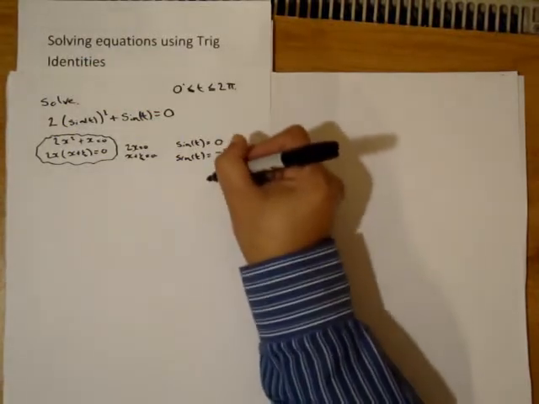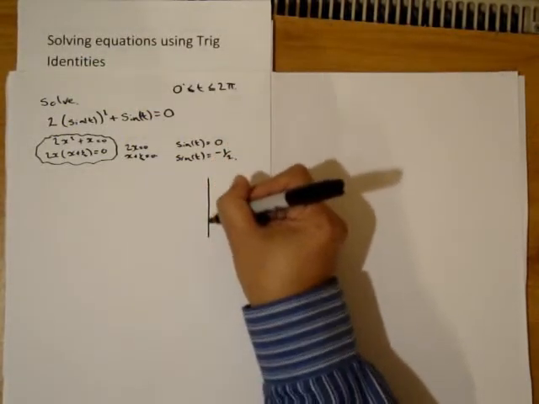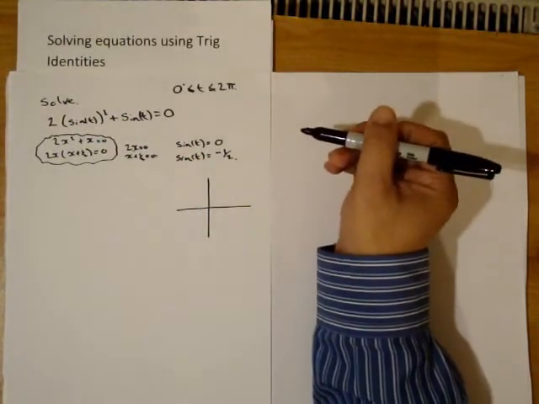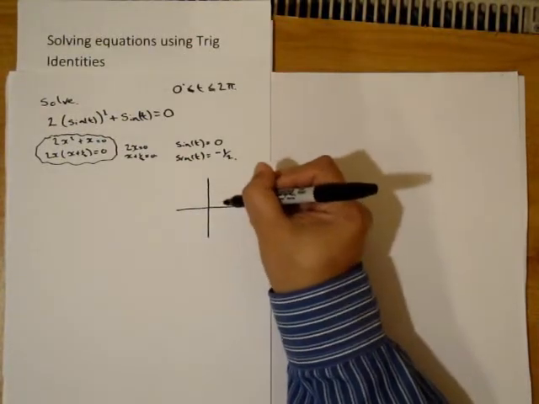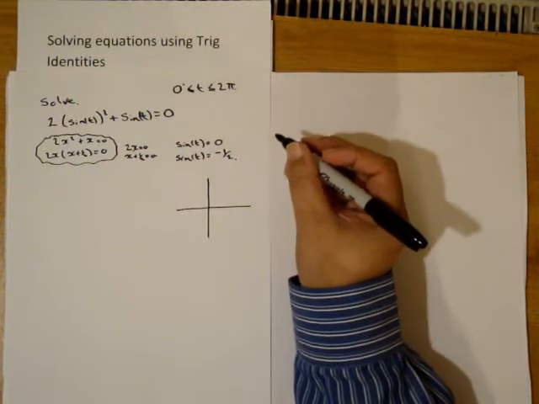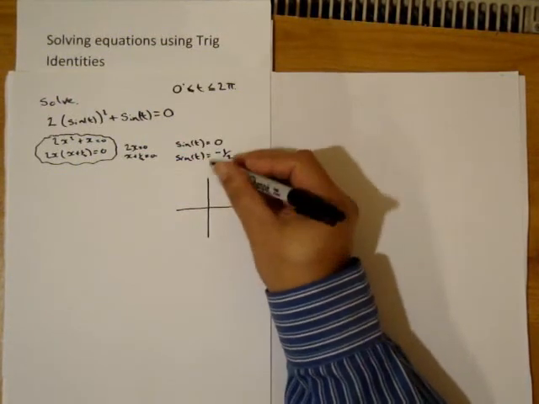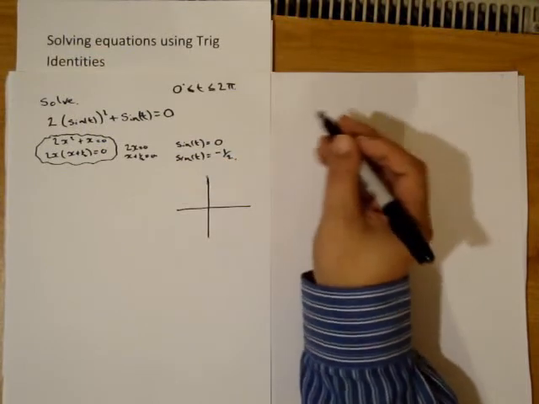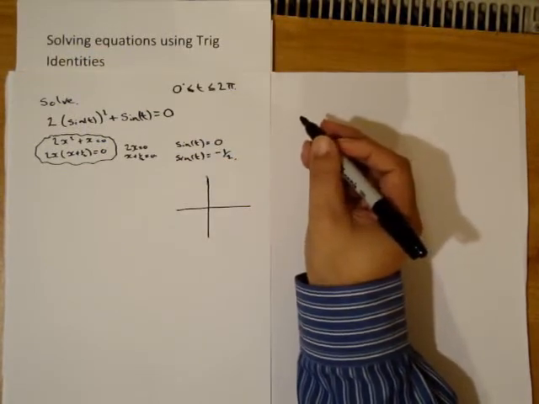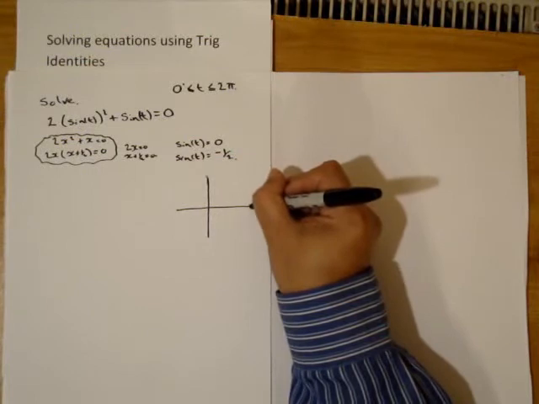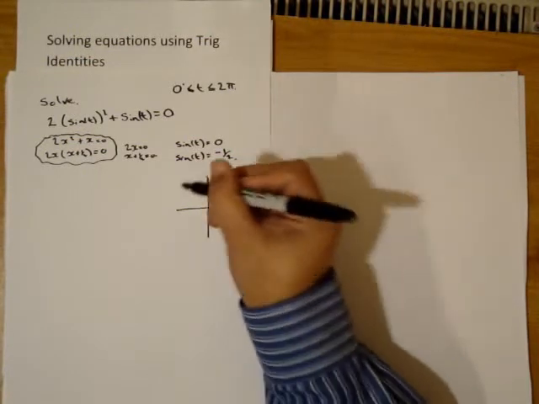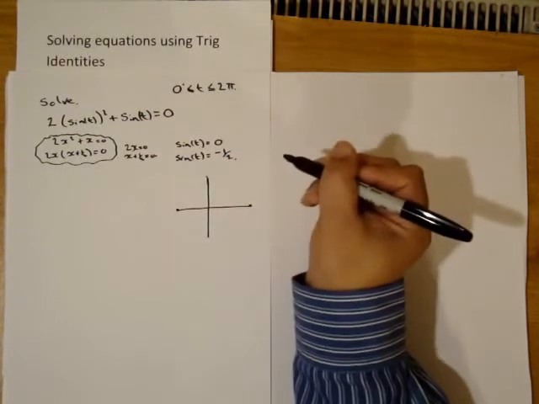So let's draw a little quadrant diagram for our solutions. So these are our solutions. When sine t equals 0, the sine is the projection onto the y-axis, so it'll equal 0 at 0 and also at pi.